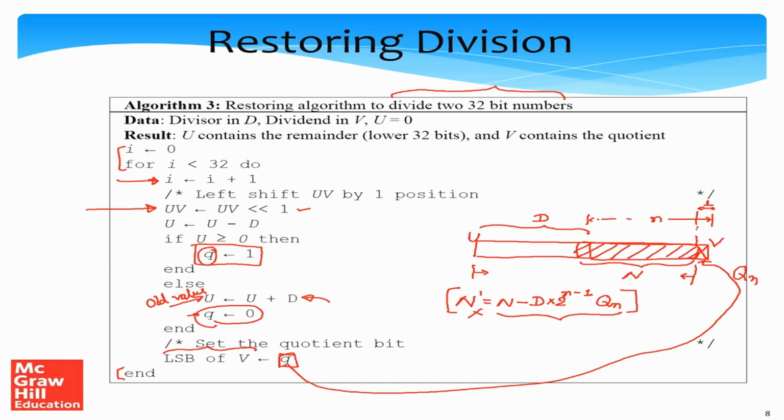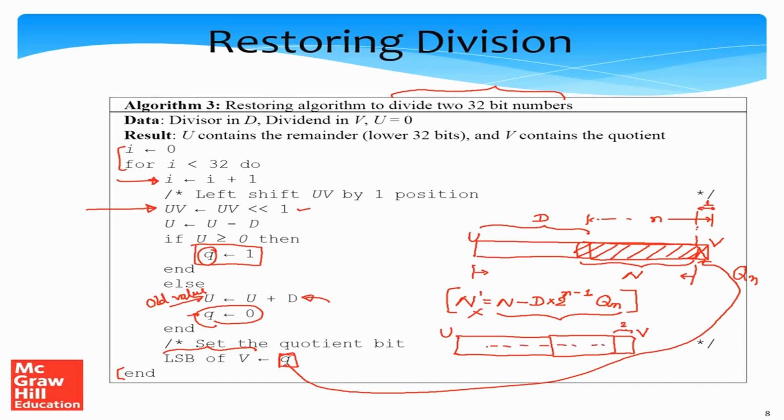So now let's consider the next iteration. So this is the first iteration. If I consider the next iteration, the situation will be very, very similar. I'm just drawing a smaller version of the U and V registers. We will start our dividend from a newer position, and there will be 2 bits here instead of 1 bit.